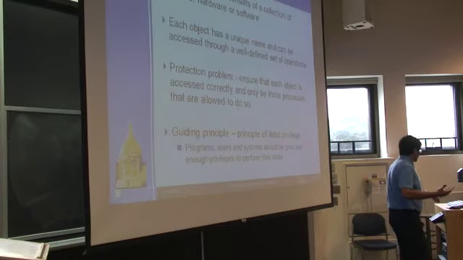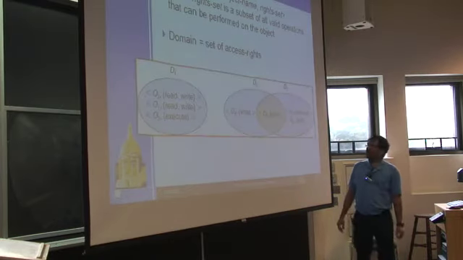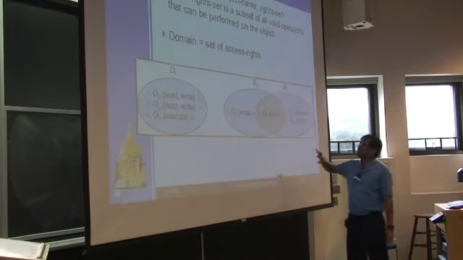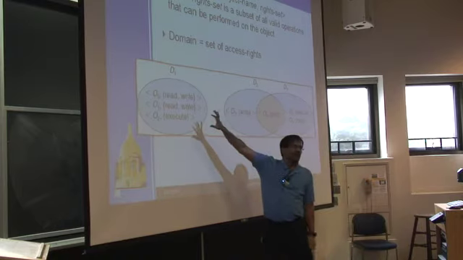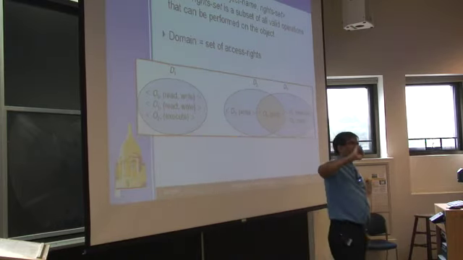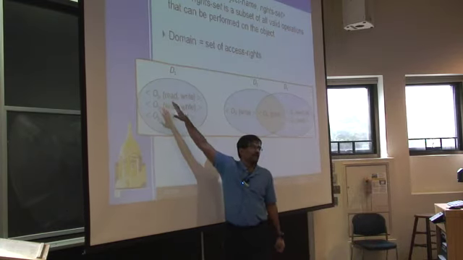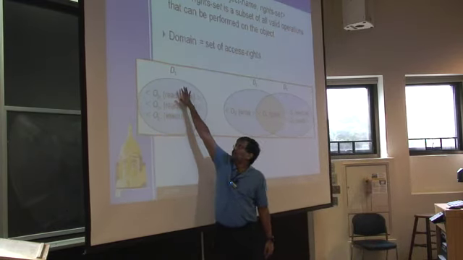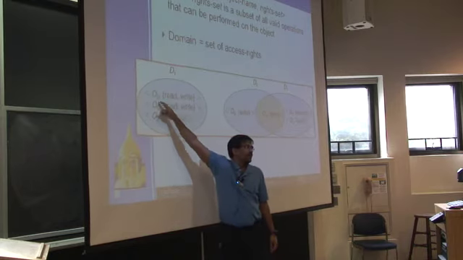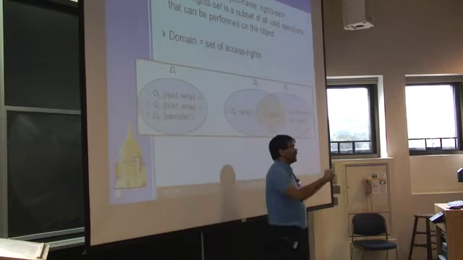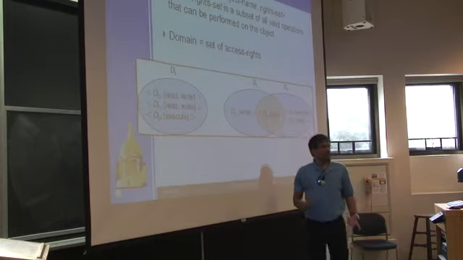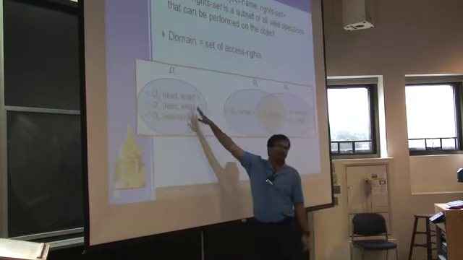And that's the philosophy. So when they think about this, you can think of domains and objects and what things can do, right? So suppose you have a system which has a bunch of objects. You can say in this domain, for each of the objects, you have a certain amount of things you can do, right?